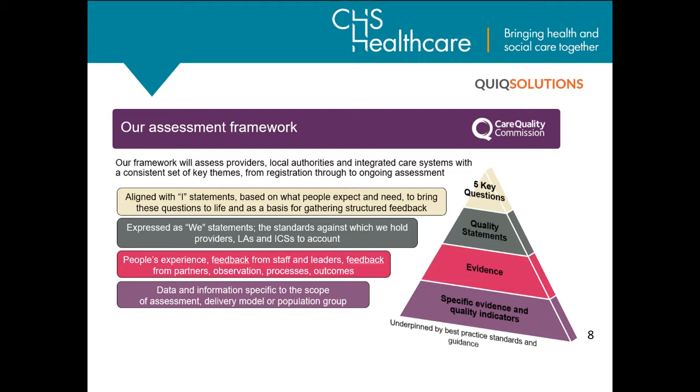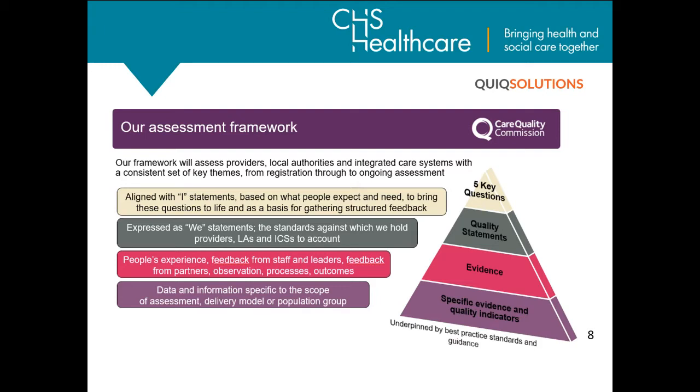But I think the key thing is they're moving away from providers historically having had to compare themselves with the key lines of inquiry, and the inspection has been the primary method to determine risk with long narrative reports. And they're moving towards a way of measuring that level of compliance and assurance based on something called I statements, which are what people receiving services, service users, would expect.